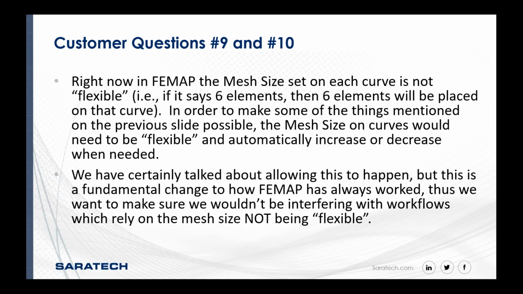Because a lot of times when we mesh surfaces with our max quads option, we end up with 1 triangle in there. And then if you just change the mesh size on any curve, it all evens out, and we get all quadrilaterals.